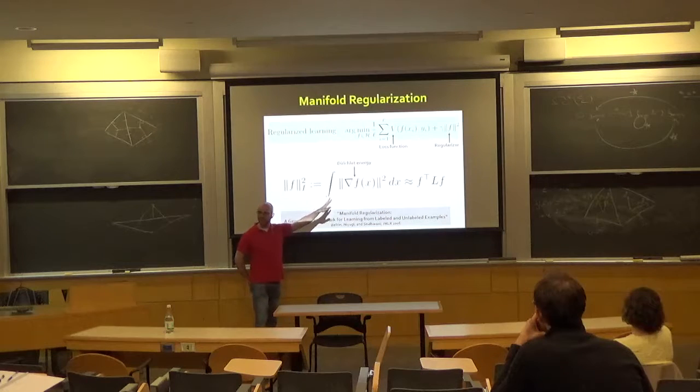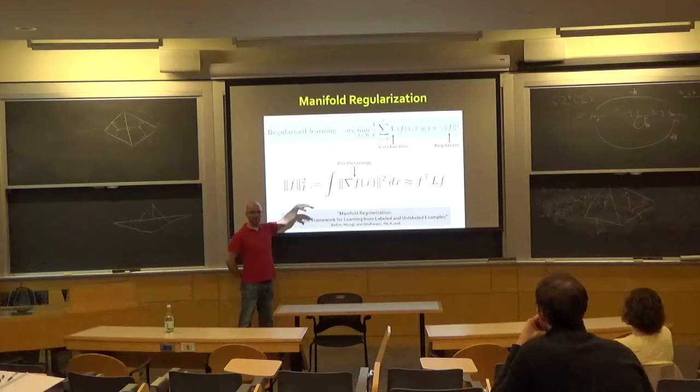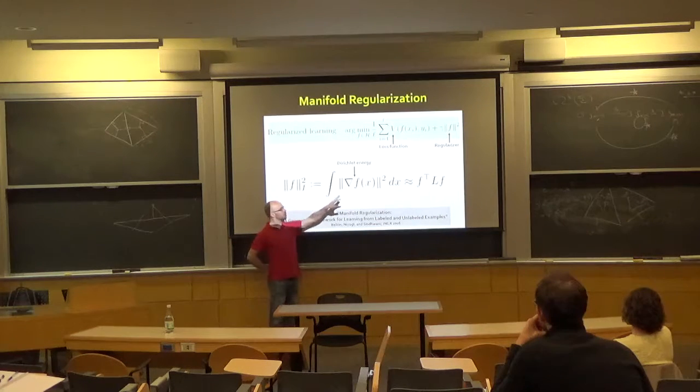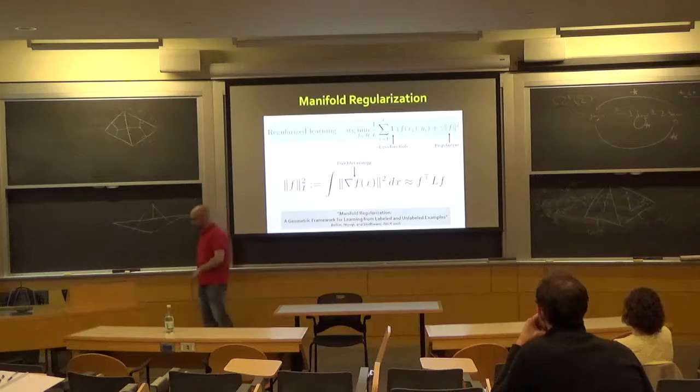Right? That's a very specific kind of manifold that's sitting inside of the space of all possible assignments of numbers to pixels. Yeah? And so what these guys propose is they say, okay, well, what do we want? We don't want the smoothness of f just as this very high-dimensional function. We just want the Dirichlet energy restricted to the manifold of images. Okay? And how could we build that?